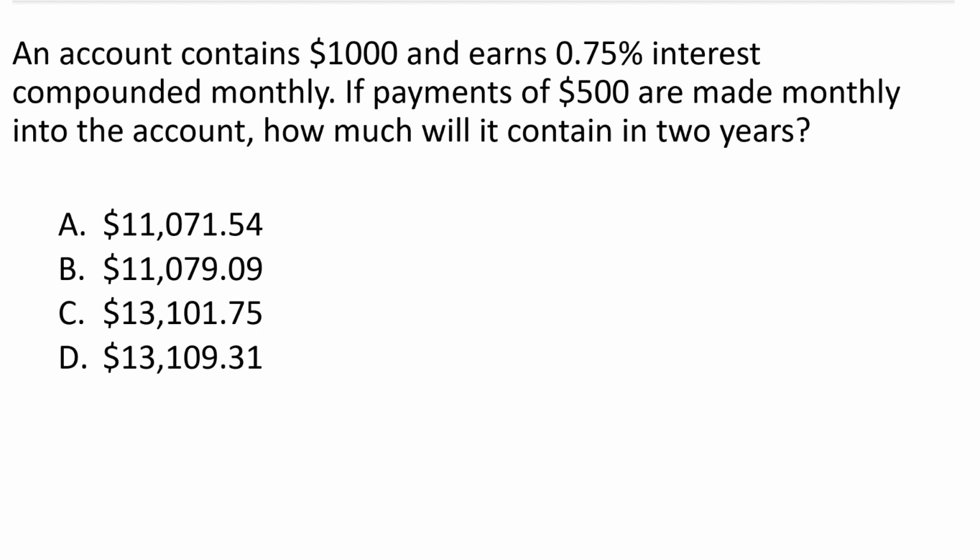All right. What you should have ended up with is answer C, $13,101.75. If you ended up with option A, then you put the $1,000 in as positive. The fact that the account contains $1,000 is not any different than depositing $1,000.